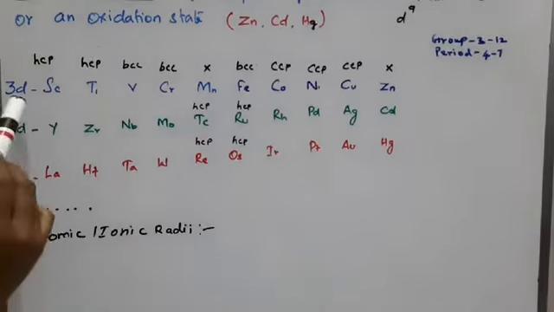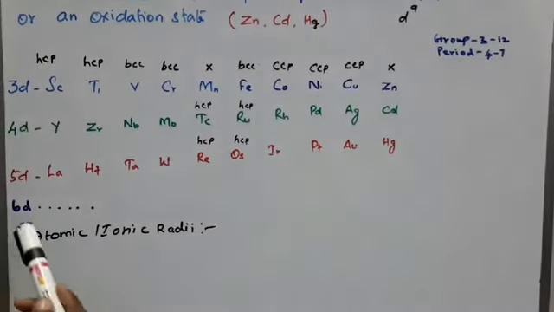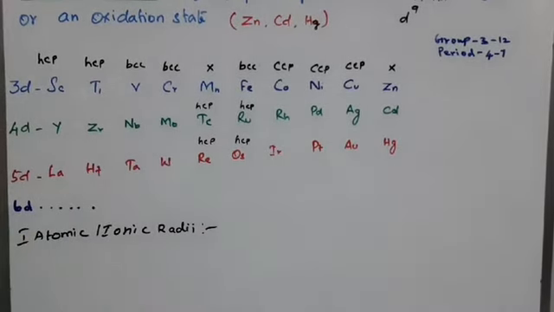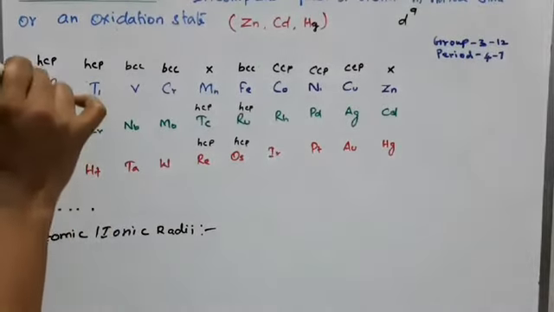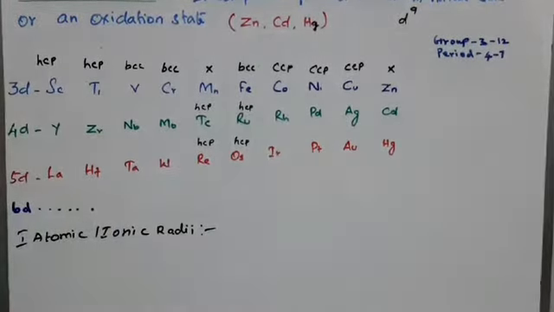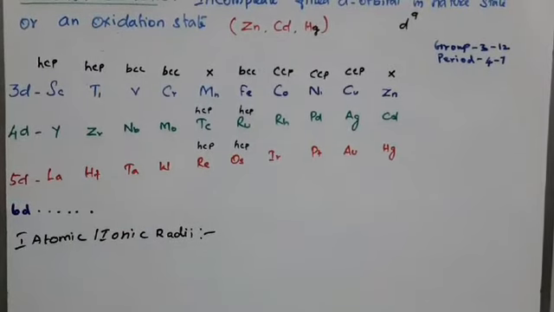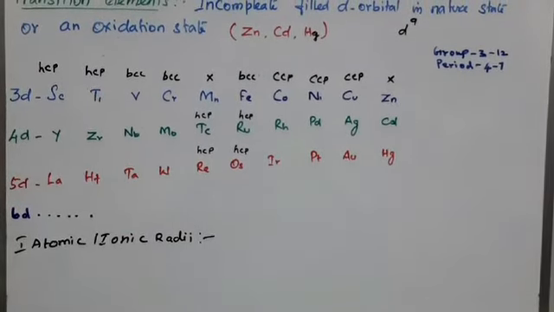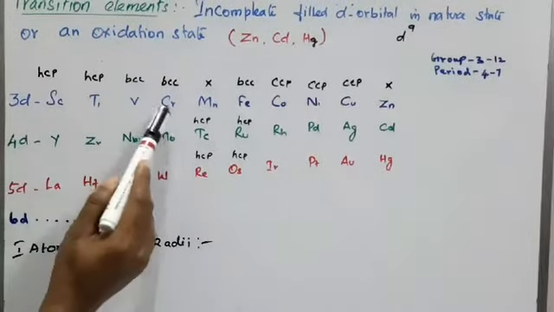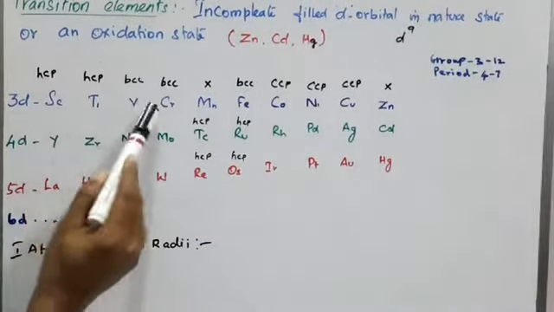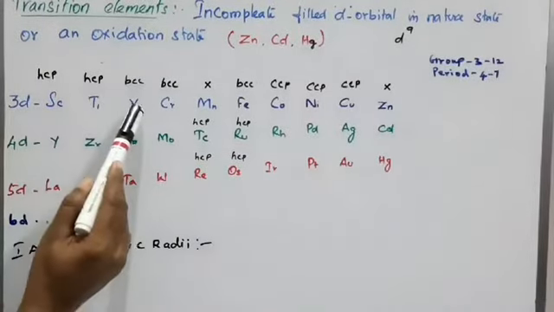Here, what happens to the atomic and ionic radii for the 3d, 4d, and 5d series, whether they decrease or increase? First of all, the atomic radius decreases from scandium to vanadium: scandium, titanium, vanadium.